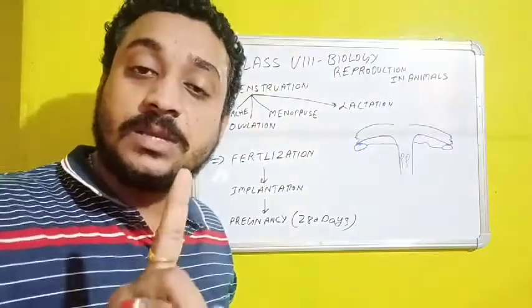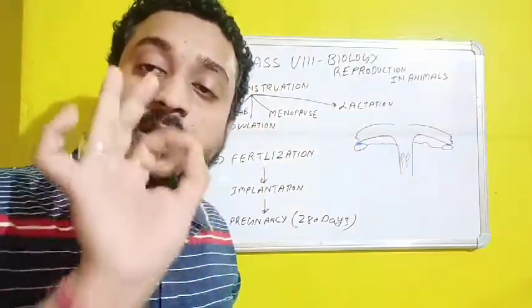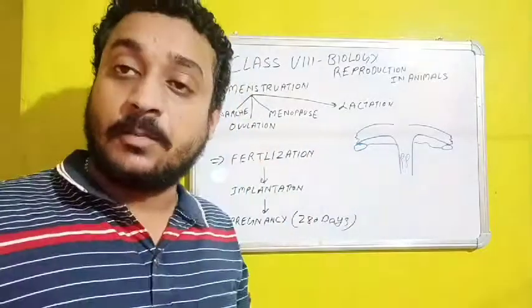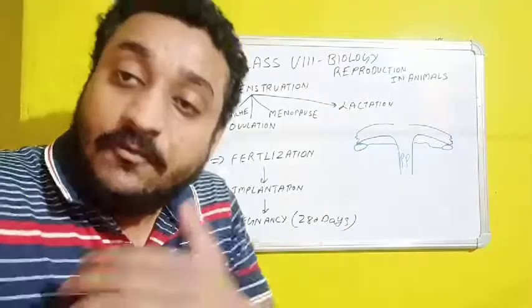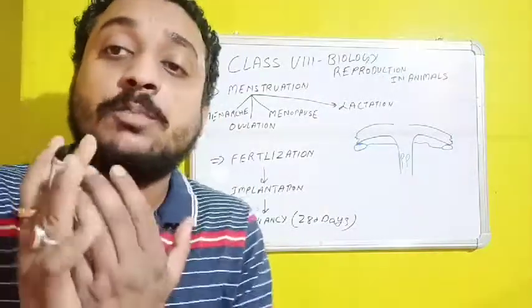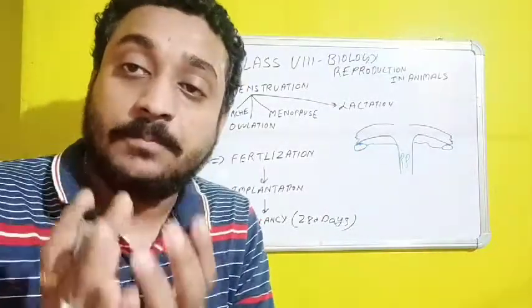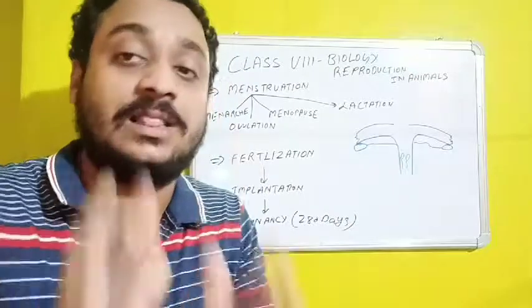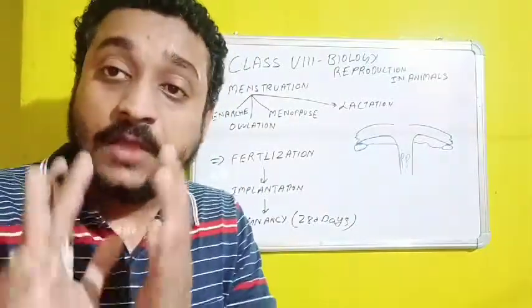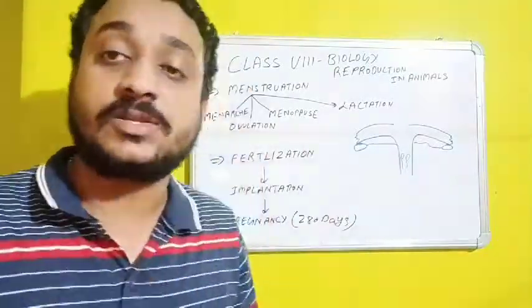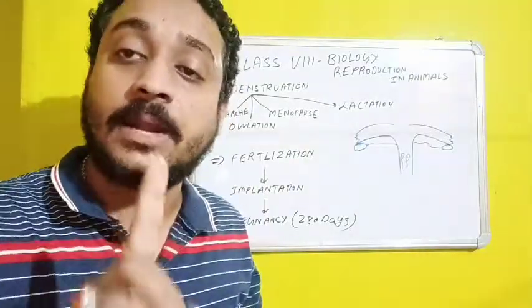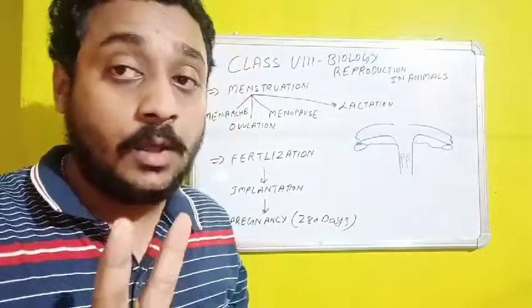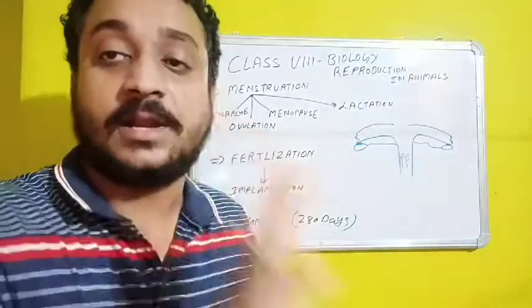Now, one thing to note down: whenever we are talking about menstruation, it means the perfect reproductive health of a human female. If a human female is having a menstrual cycle every month, then we can consider that she is reproductively healthy. If she is not having menstruation every month, it means one of two possibilities: either reproductive weakness or the lady is pregnant.